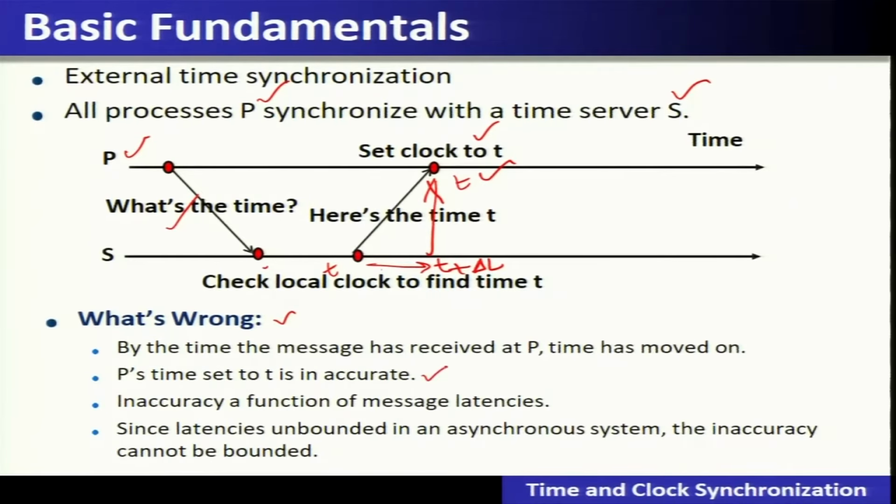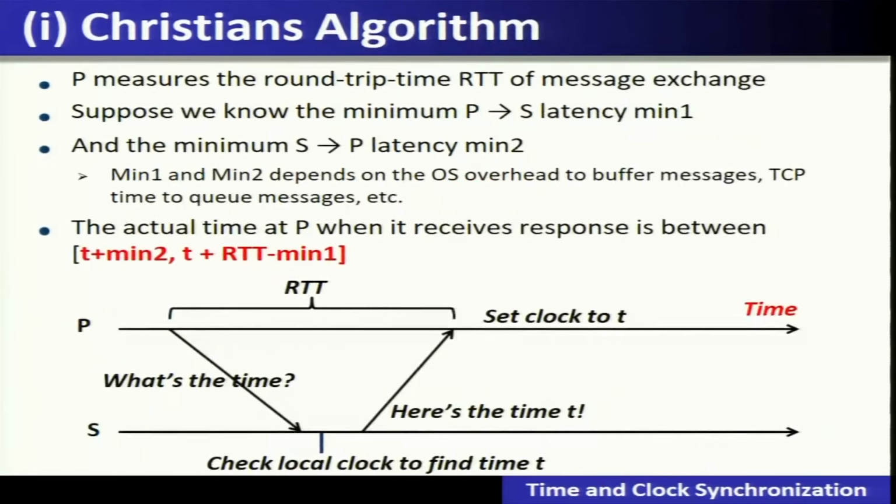This is inaccurate. The inaccuracy here is a function of message delays. The time it takes for the message to reach, called the message delay or message latency, is the error in this external synchronization. Now, these latencies are unbounded in an asynchronous system, meaning that when the message will be delivered is not known, so the inaccuracy is also unbounded in the asynchronous situation.